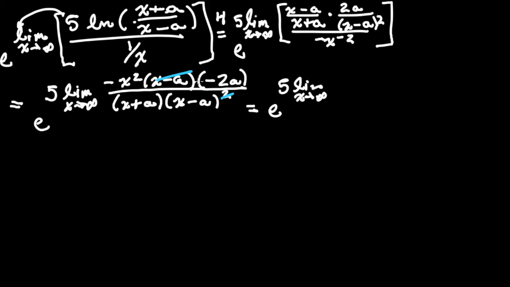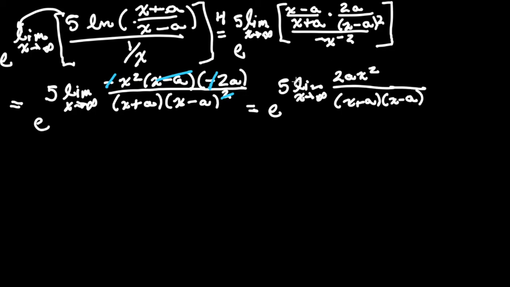And then these negatives are also going to cancel. So we're going to end up with 2a x squared on top divided by x plus a, x minus a.